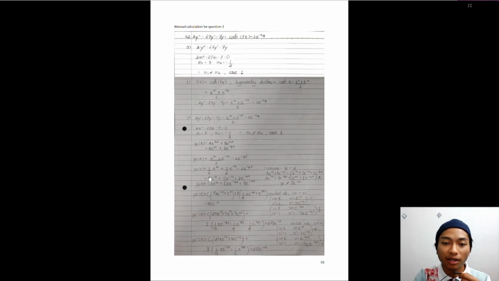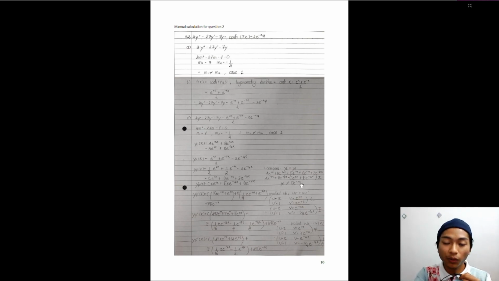Next, I separate the e to the 7x and e to the negative 7x to become 1 over 2 e to the 7x plus 1 over 2 e to the negative 7x minus 2e to the negative 1 over 4x. And next, we need to compare between yc and yp.